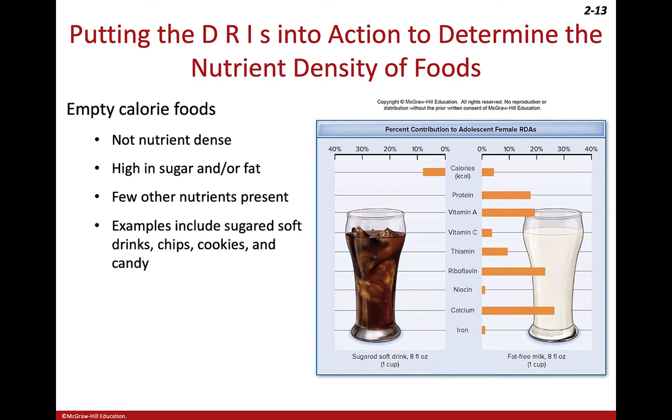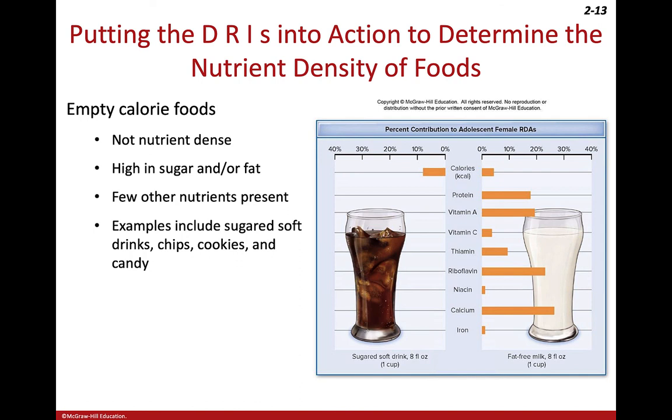Soft drinks, high sugar fruit juices, alcohol, they fall under this category as far as being empty. And so we want to look for foods primarily that are nutrient dense. Because once again, if I have a food that's nutrient dense, I'm getting a lot of nutrients, but there's not a lot of calories associated with that. So that's really important to keep in mind here.